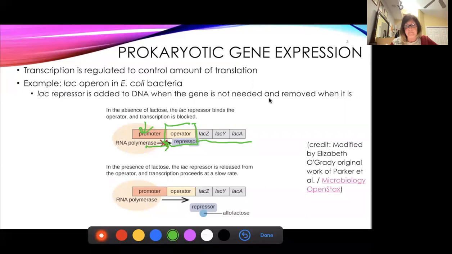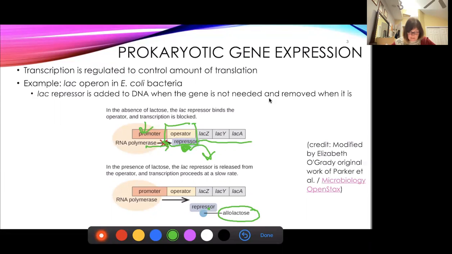It's being blocked. If we have lactose, if we have that milk sugar, it binds to the repressor, and then the repressor falls off. So it's saying, yep, we have lactose, we need you.